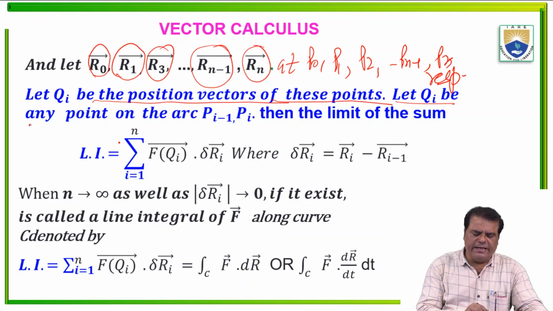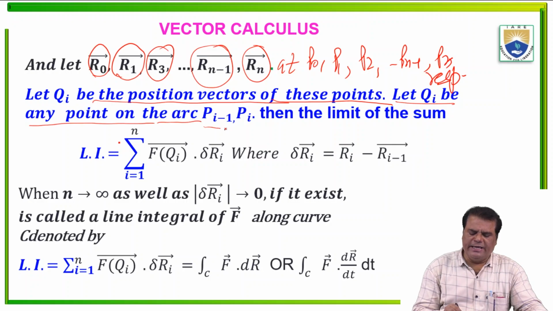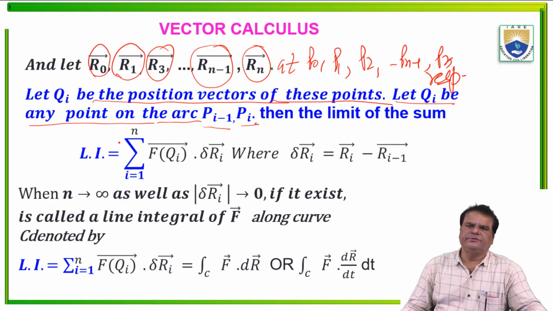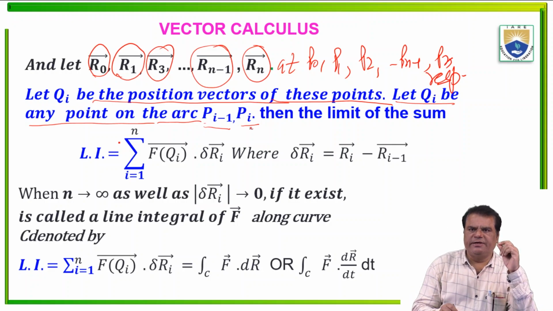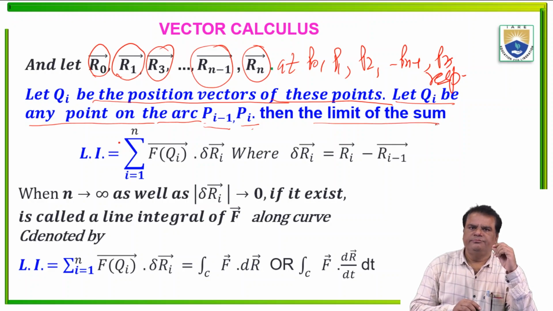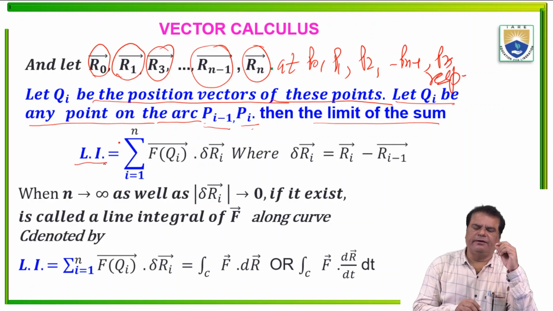Let Qi be any point on the arc between Pi minus 1 and Pi. This is the difference between these two points, Pi minus 1 and Pi. Then the limit of the sum, we write here the line integral.